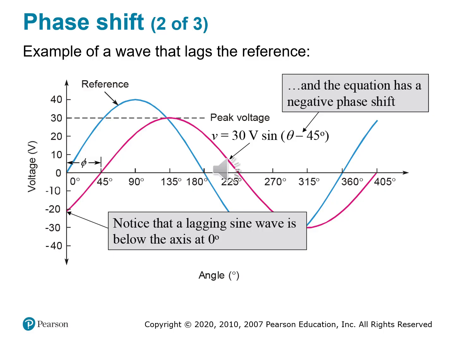So this kind of shift is common in inductive circuits where current lags behind voltage, and in systems where response time or reactive energy storage affects the timing. And the key takeaway here is that a left shift will be sine of theta plus some phi, and that means it's a lead. A right shift would be theta minus phi, which ends up being a lag. And now that you can read and write those shifts directly into a wave's equation, just keep moving forward.